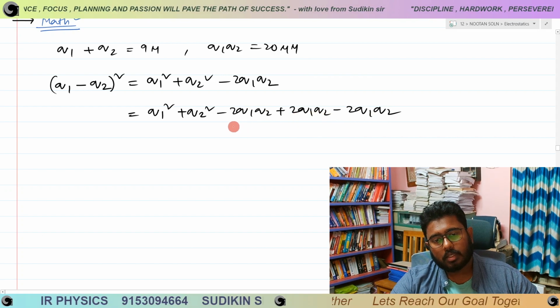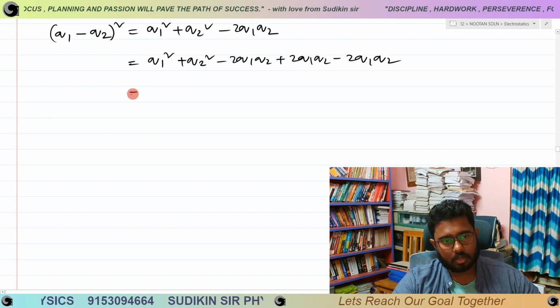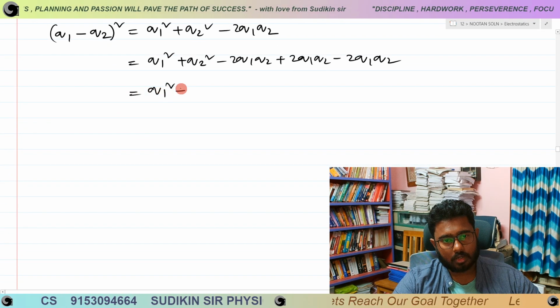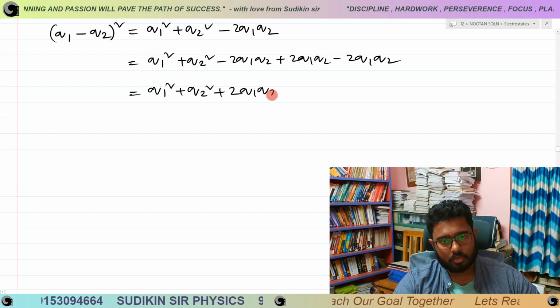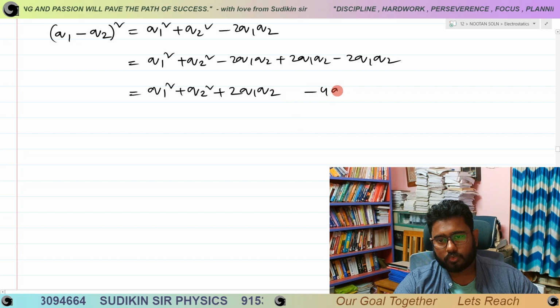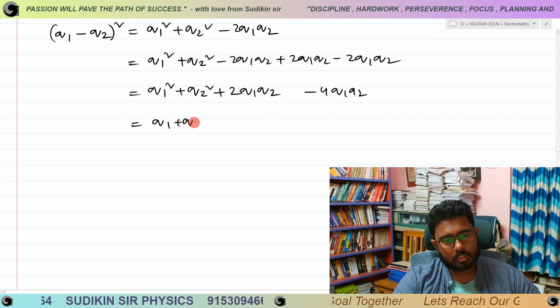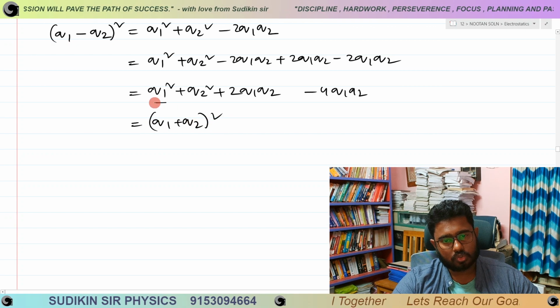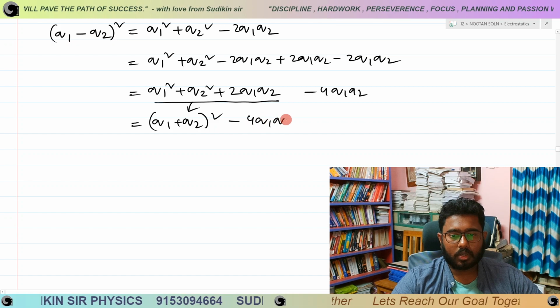Okay, now can we do it in this way? If it becomes q1 square plus q2 square plus 2 q1 q2 minus 4 q1 q2, so that will be q1 plus q2 its whole square. This term becomes this one minus 4 q1 q2.